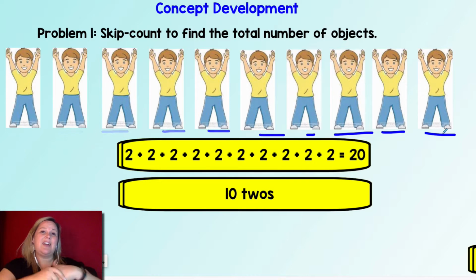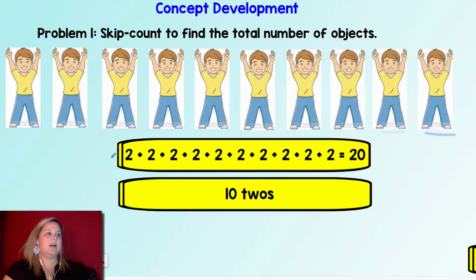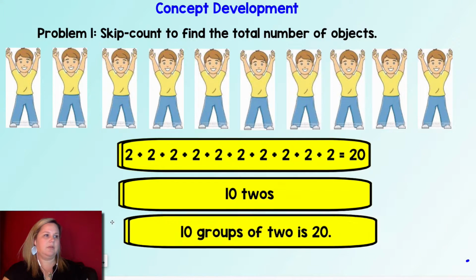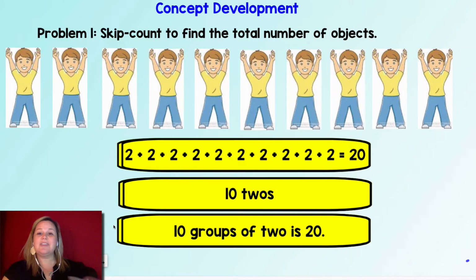Now, if I wanted to take all of that awesomeness that we just did, I have my repeated addition sentence, and then I say how many groups of 2s there are. Now I can write, let's bring this over. Oh, here we go. If I take all of that together, 10 groups of 2 is 20.